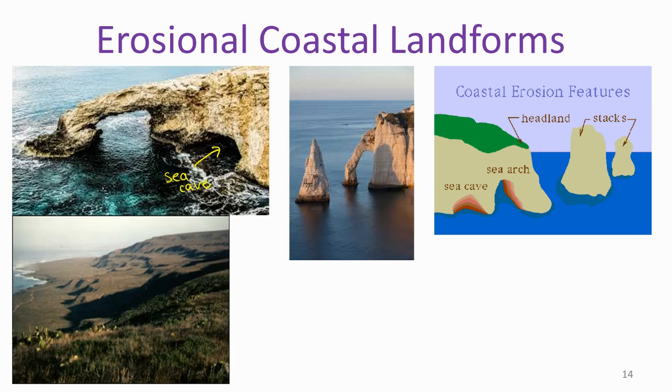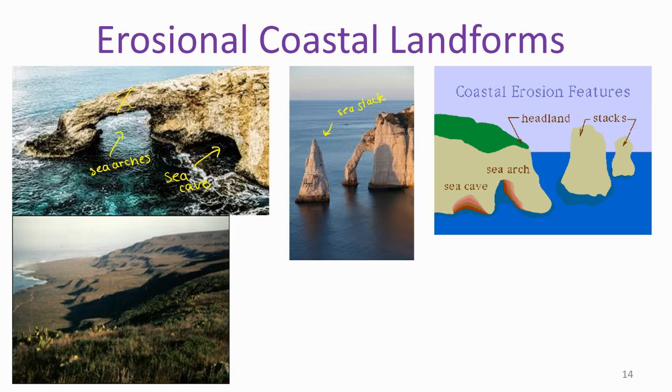And we have sea arches. Once the waves have broken through the back of that cave wall, that's how we get a sea arch. And then eventually this part will get eroded, and we have something called a sea stack that remains.